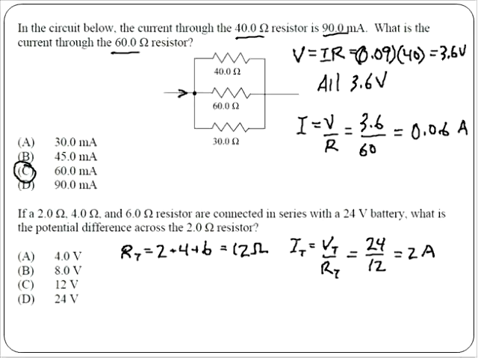So everywhere in that circuit, because it's a series circuit, the current is 2 amps. Across the 2 ohm resistor, V equals I times R. The current is 2, the resistance is 2. Multiply those together and you get 4 volts. So the answer is A.